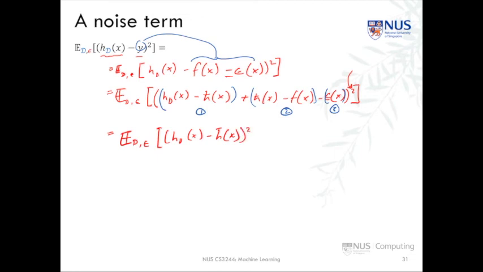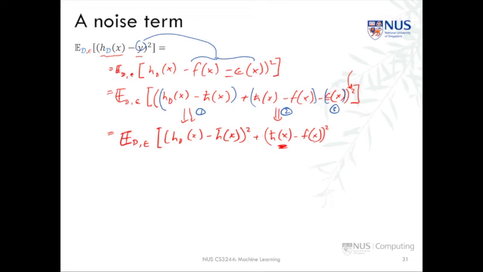You're going to see that is going to end up as the variance, plus the middle 2 terms. So we get to take 2 copies of the middle, and this is our H bar minus f of x. So this is our bias.